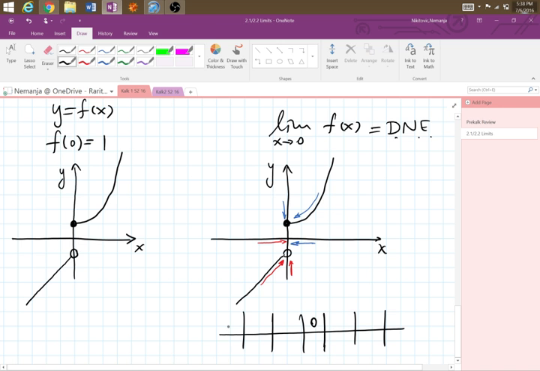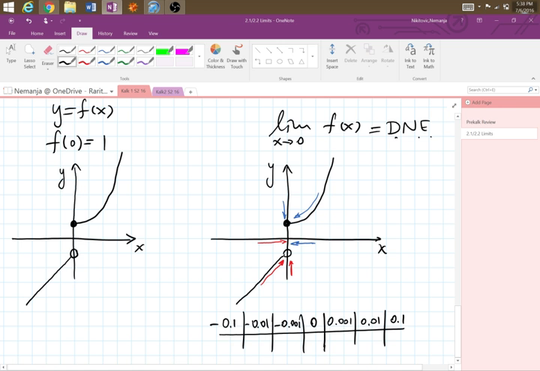So we have negative 10 cents, negative 1 cent, and negative 1/10 of a cent, then positive 1/10 of a cent, positive 1 cent, and 10 cents. Cool.